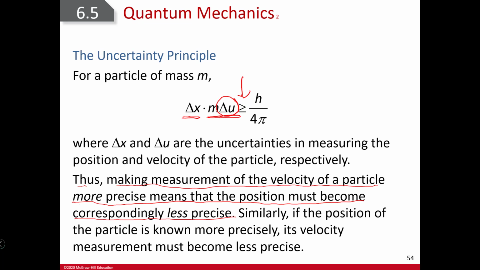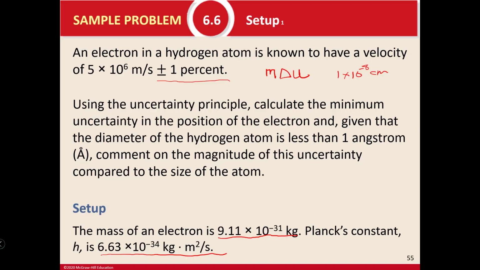So let's look at a problem that kind of drives this home. An electron in a hydrogen atom is known to have a velocity of 5 times 10 to the 6 meters per second, plus or minus 1%. Using the uncertainty principle, calculate the minimum uncertainty in the position of the electron given that the diameter of the hydrogen atom is less than 1 angstrom.